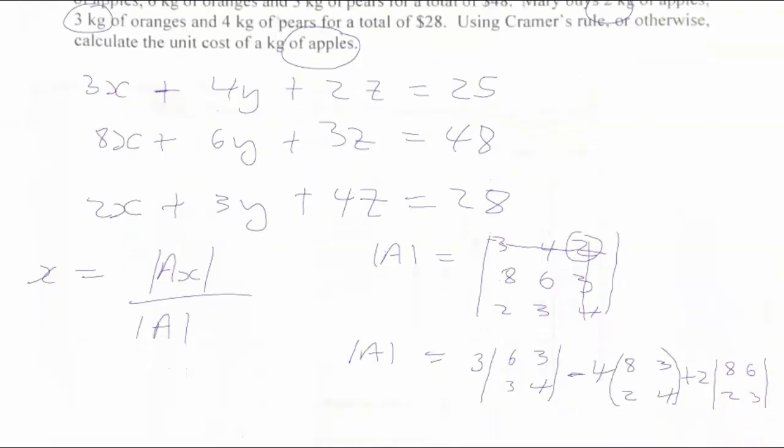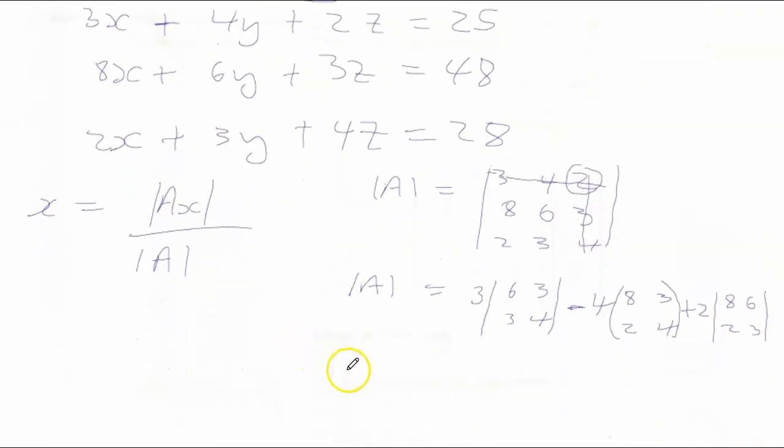Alright, so in calculating the determinant of A, it's 3 times, I'll cross multiply and subtract, so 3 times, what is 6 times 4, that's 24, minus 3 is 9. For the negative 4, cross multiply and subtract, we have 8 times 4, 32, minus 2 times 3, 6.